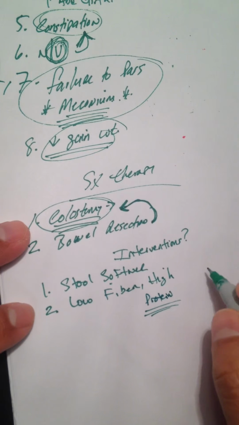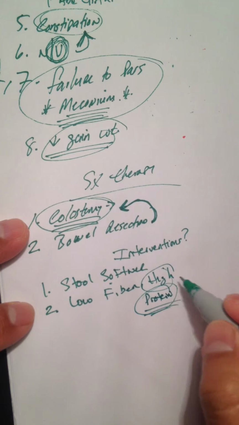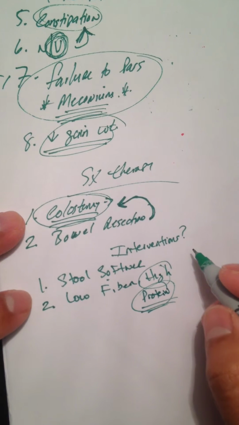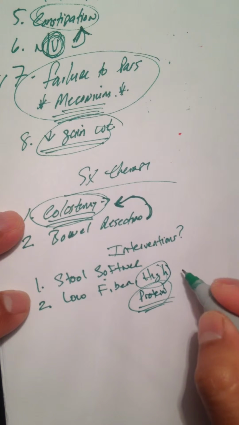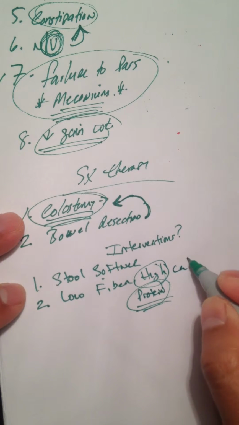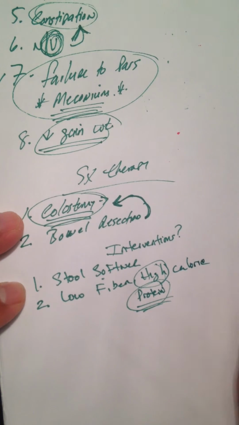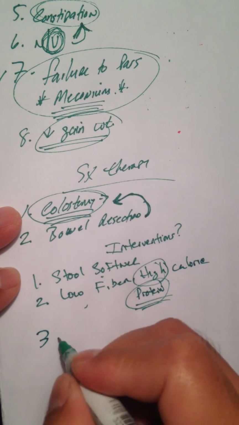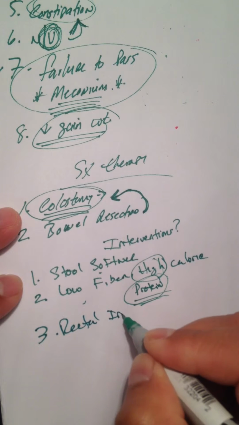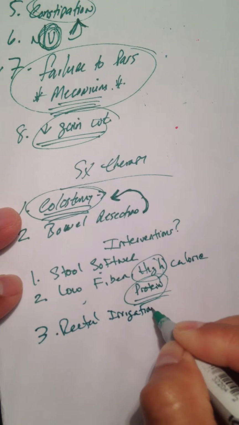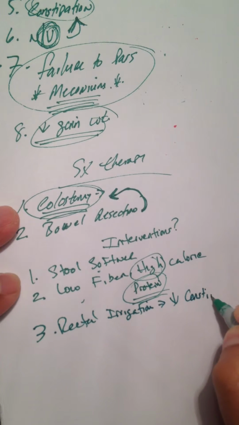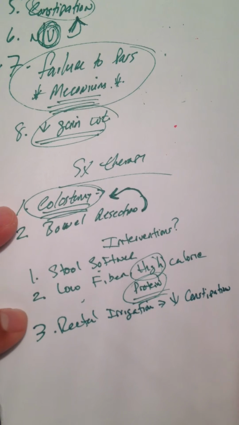Again, these kiddos are growing fast, so you want to provide high calorie and high protein, to get those muscles to gain some mass. You may possibly do some rectal irrigation. And again, this is to prevent constipation. Try to get some of those stool contents out.